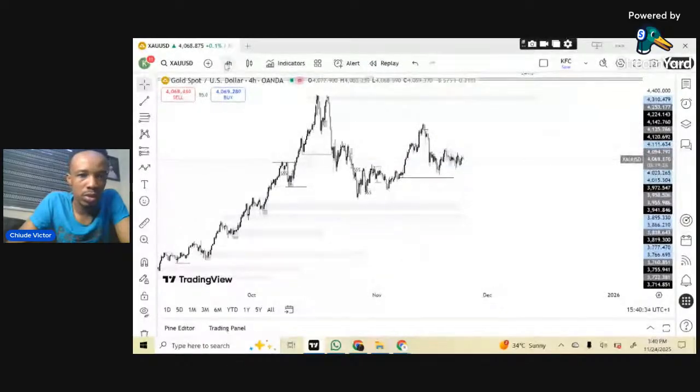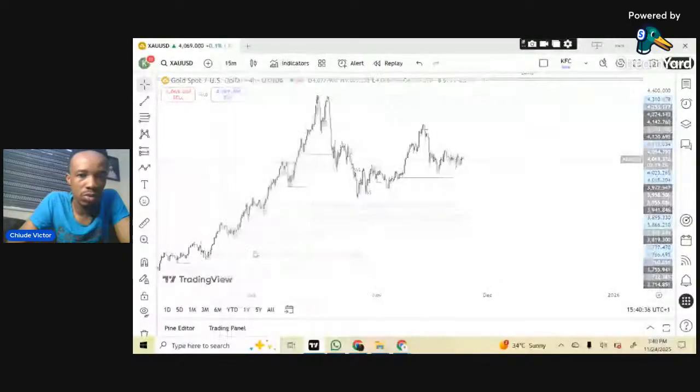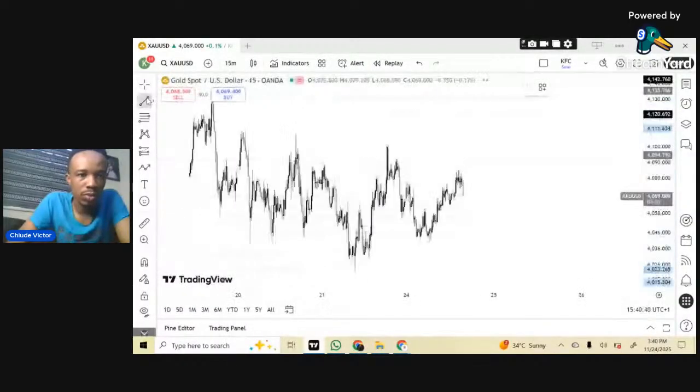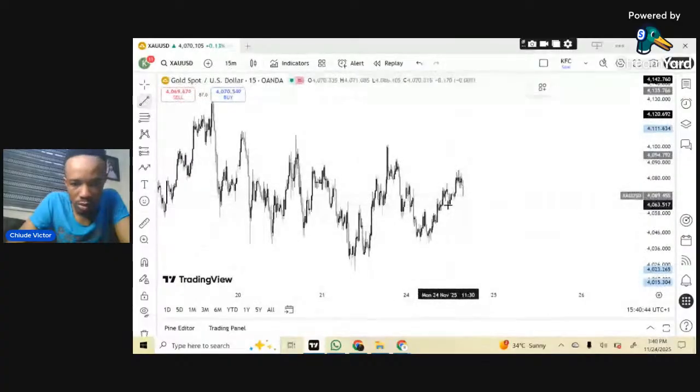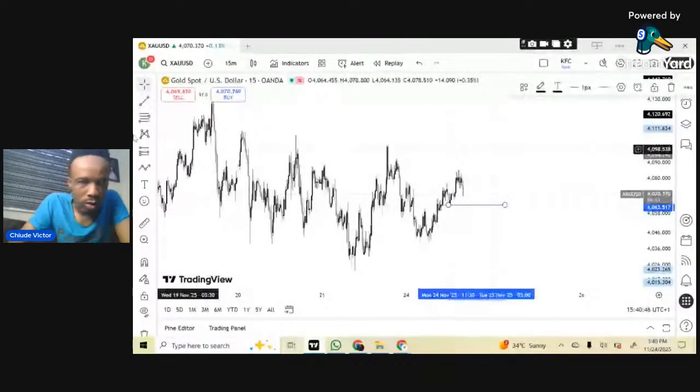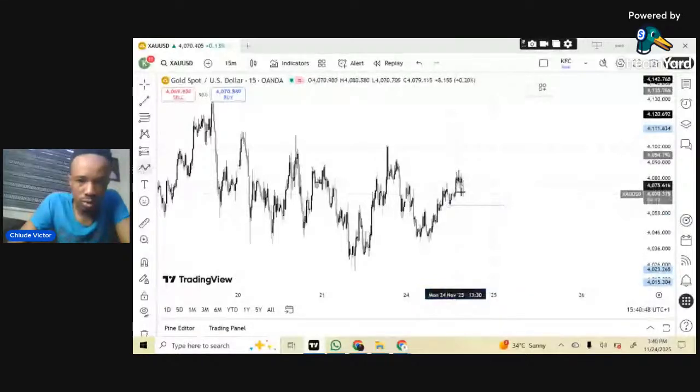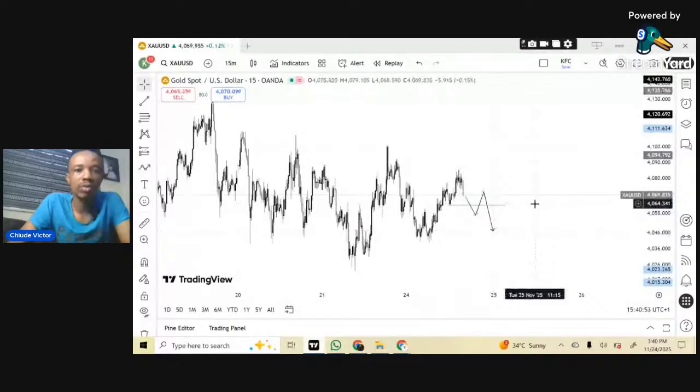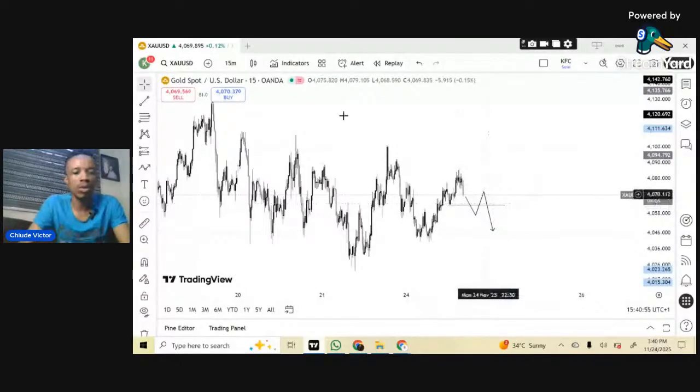So if you see any bearish confirmation on gold, once gold takes out this low, you can go bearish on a short. So at this point, that's what I'm seeing on gold.